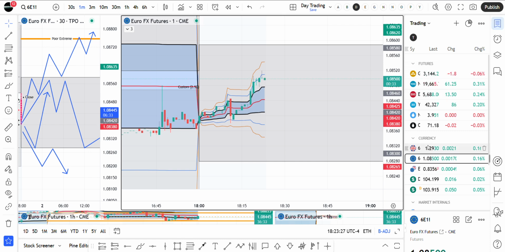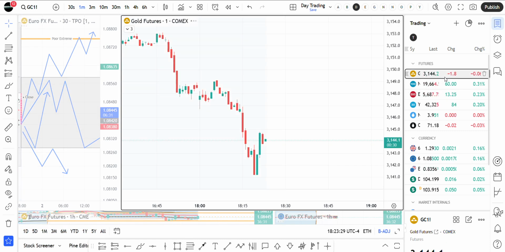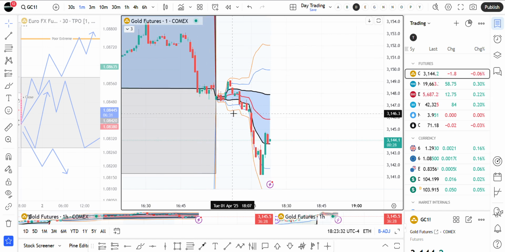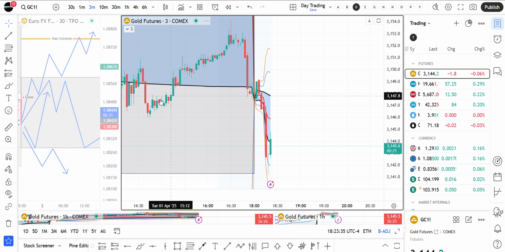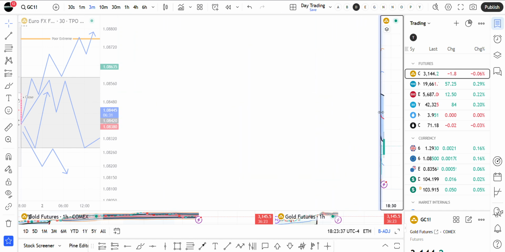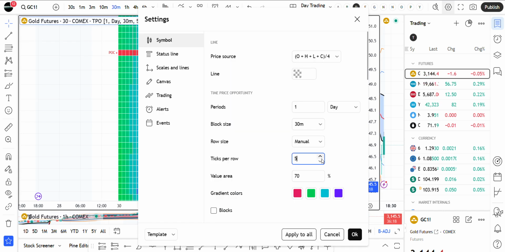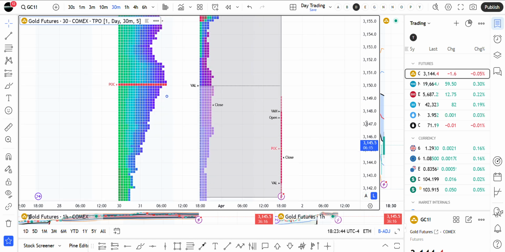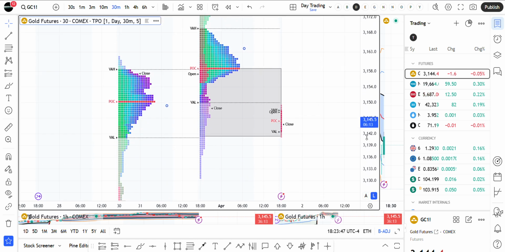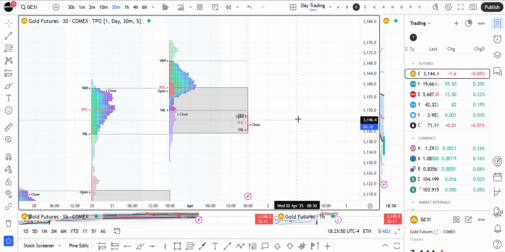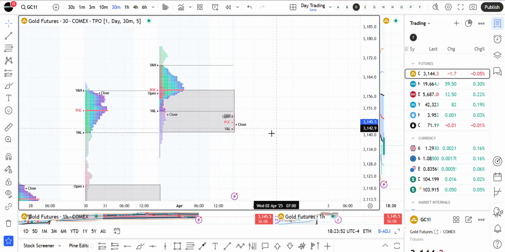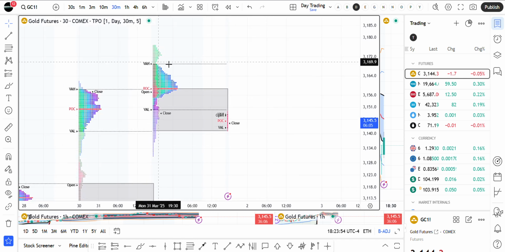Let's go over to futures. Now we're looking at gold. Over the 3-minute. Cool. It's good balance, point control. We've got excess.